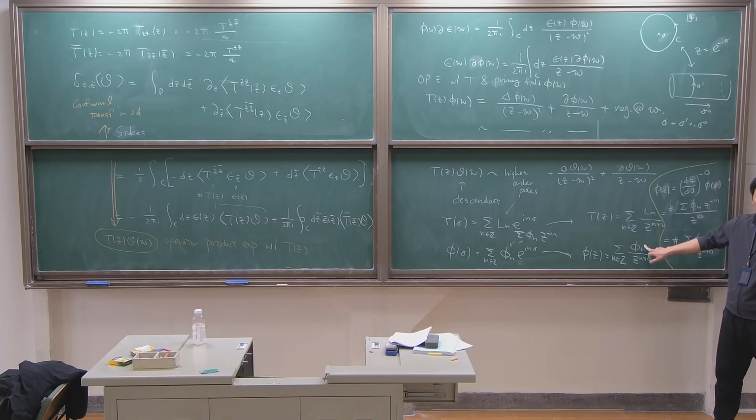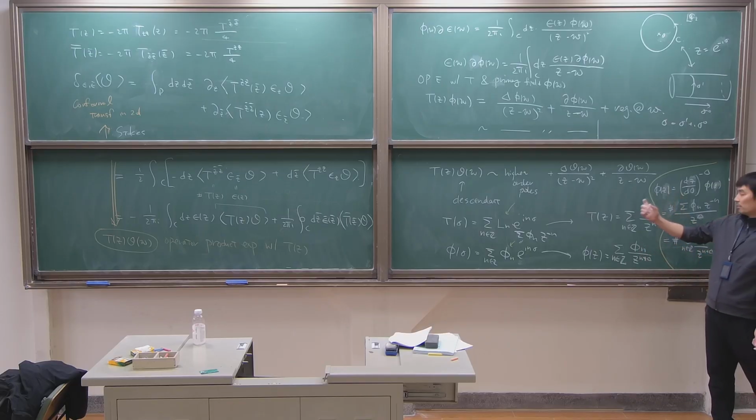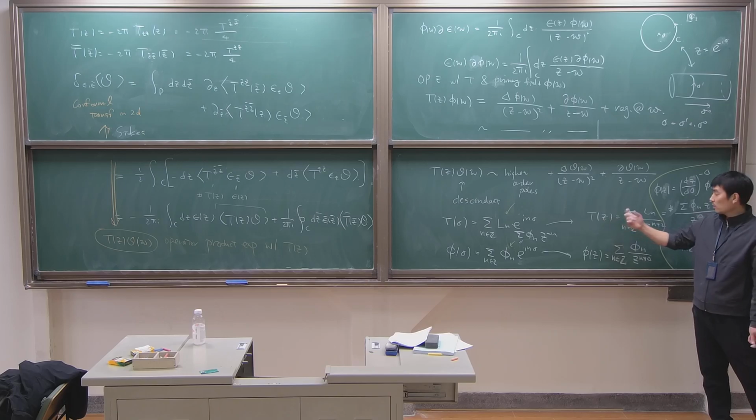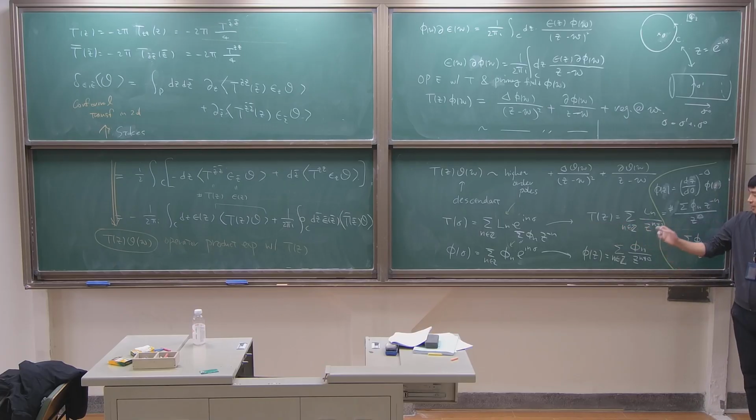And we treat this one as the mode operator in quantum physics, and we will consider the commutation relations. The same thing we will do for T of z: we will do the mode expansion this way. And I will explain in due course why this conformal dimension is 2. In fact, the conformal dimension is 2 for the stress energy tensor.